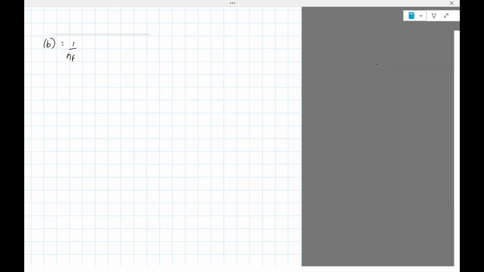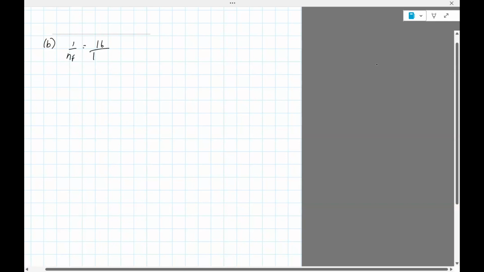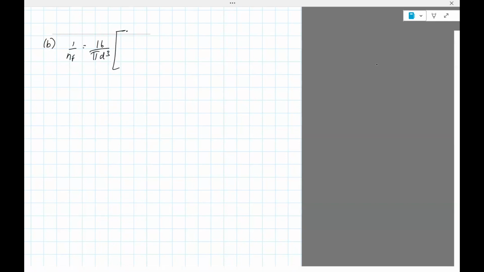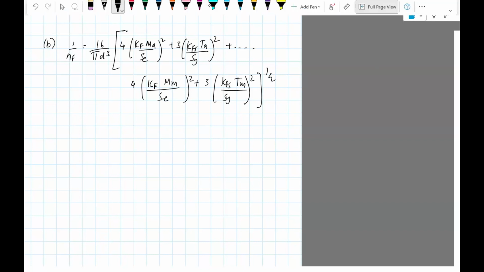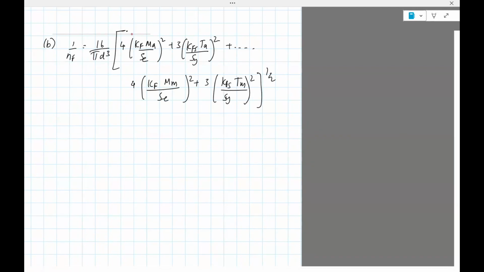The formula is 1 divided by Nf equals 16 divided by pi d cubed, times the square root of 4 Kf Ma over Sc, squared, plus 3 Kfs Ta over Sy, squared, plus 4 Kf Mm over Sc, squared, plus 3 Kfs Tm over Sy, squared. A couple of things are 0: this one is 0, and this is 0.